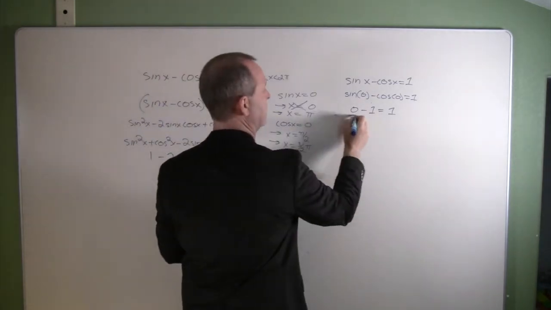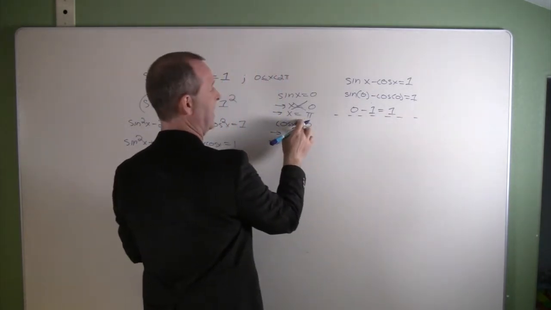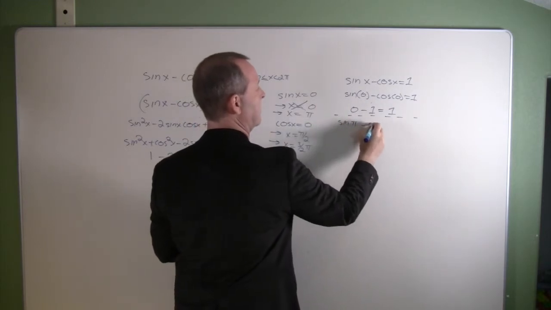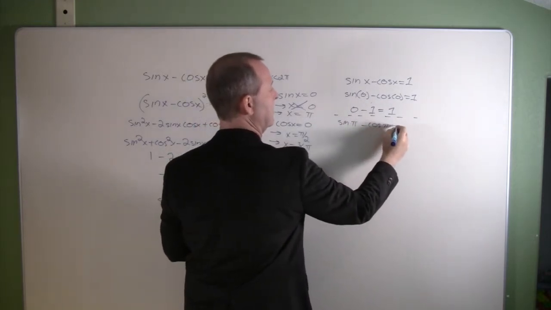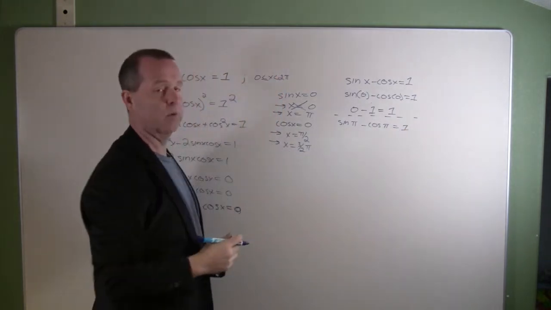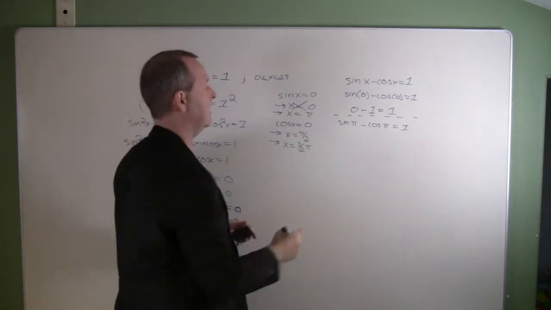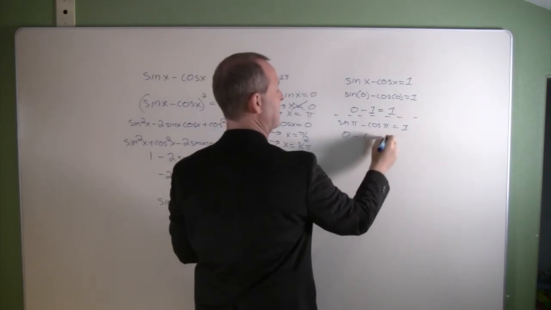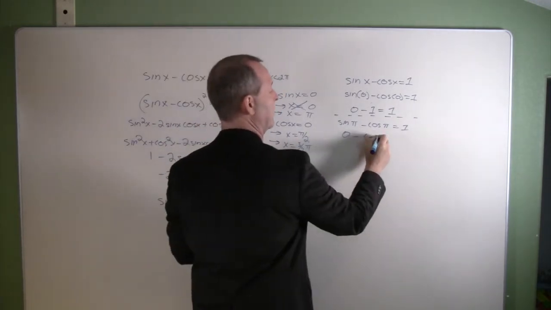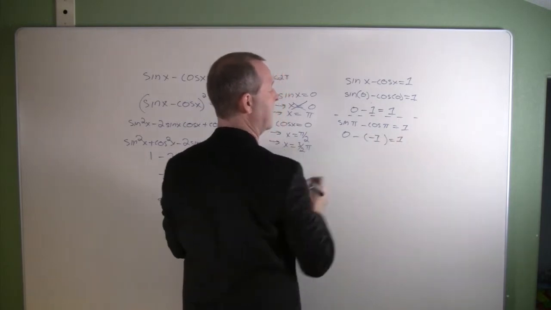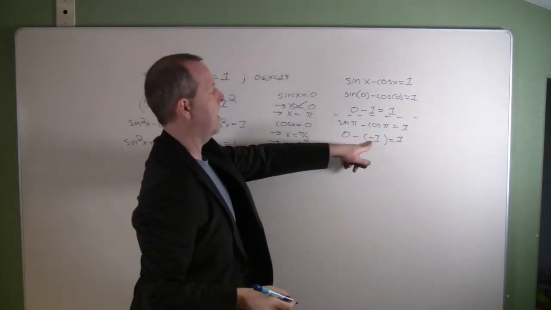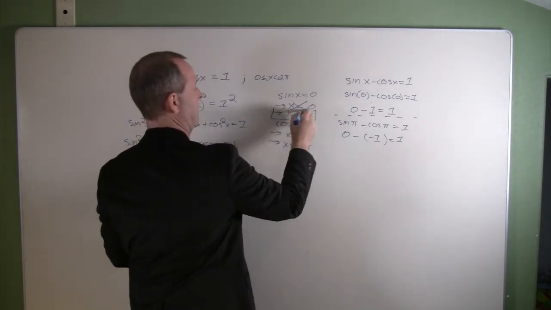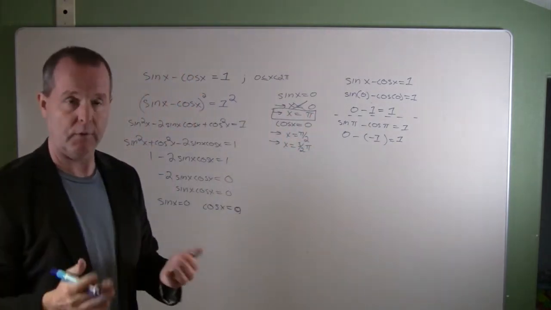Let's try where x equals pi. So the sine of pi minus the cosine of pi equals a 1. Is that true? Sine of pi equals a 0 minus the cosine of pi, which was a negative 1. Does that equal 1? Yes, 0 minus negative 1 is 1, so 1 equals 1. So there's one solution so far.